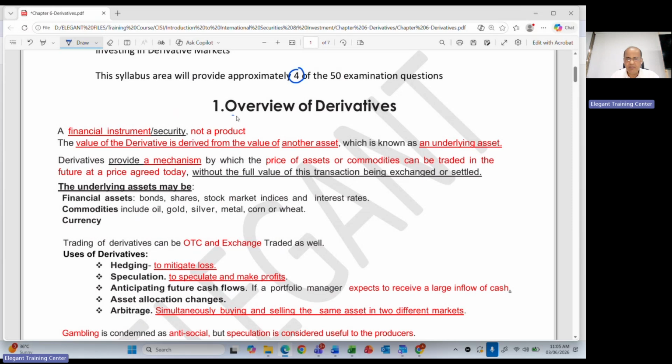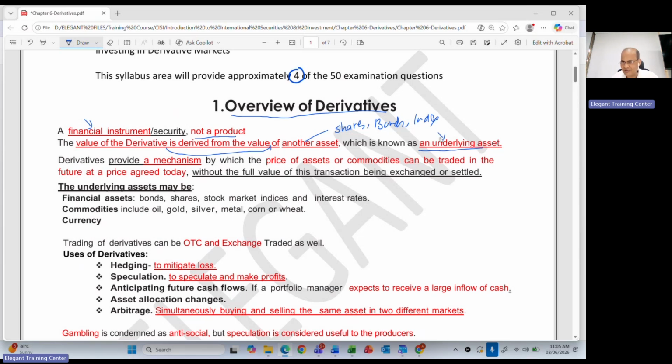First of all, about derivatives overview. It is a financial instrument. It is not a product, right? So derivative is actually based on some stocks, we say underlying assets. Derivative is based on other assets. This other asset can be shares, bonds, or an index.